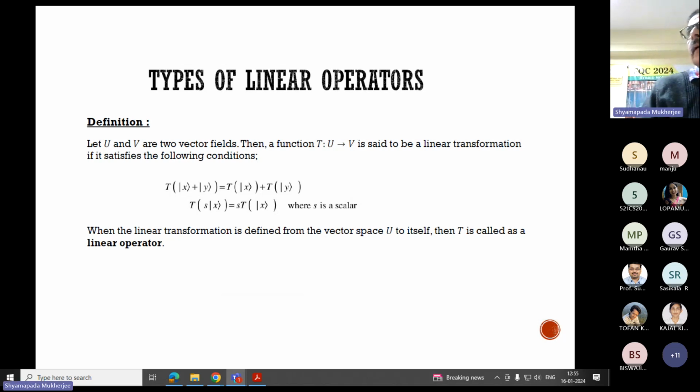Okay. Now sound is coming, I think. Okay. So this is the types of linear operators, and then we have... sound is coming. It is not coming.